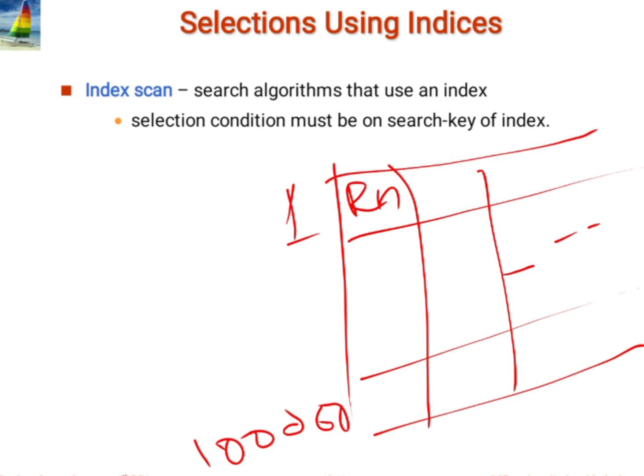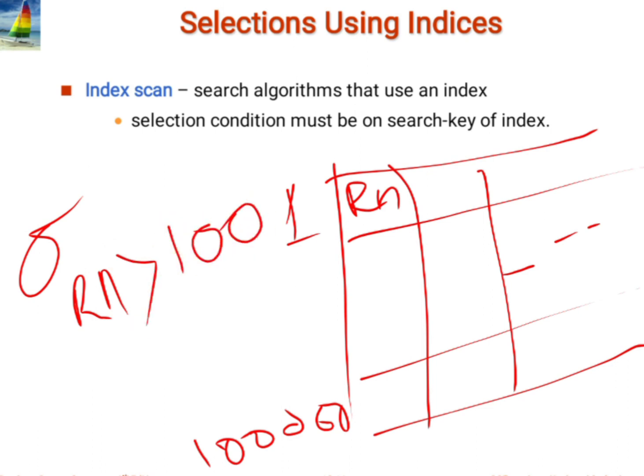And suppose I want to fire a query, select the name of the students who are having roll numbers greater than 100, right? तर मला काय करायला लागेल? Definitely the cost of the query will be increased. Why? Because the total number of records present is 1 lakh.